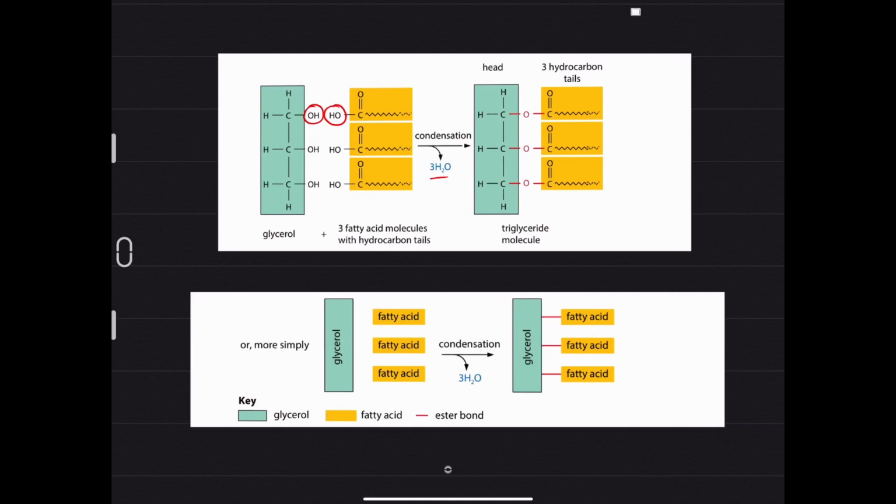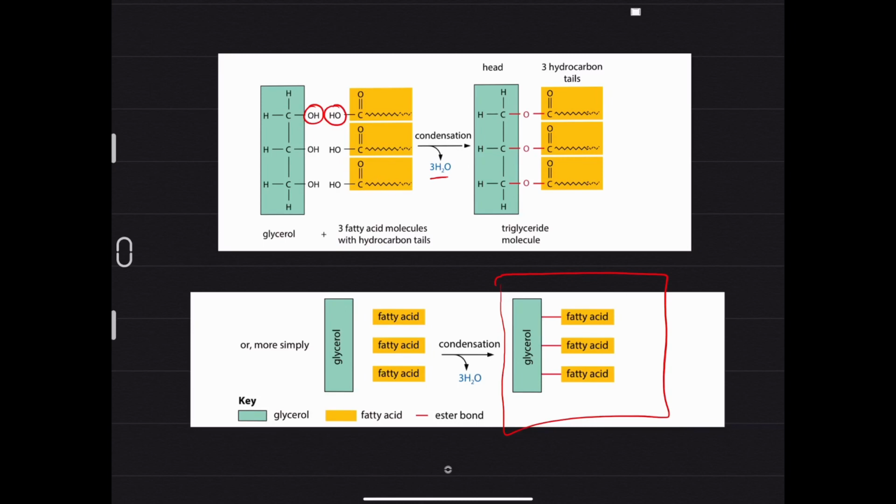And at the very least for your exam you must know this diagram here. So you must know for your exam that lipids are represented via a glycerol and 3 fatty acid molecules joined. Okay, and if you look at the key as well for reference, they are joined via an ester bond.